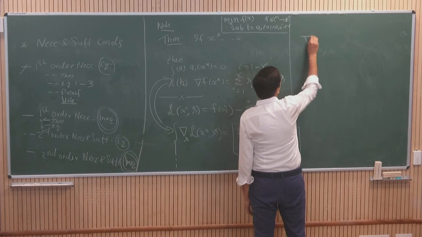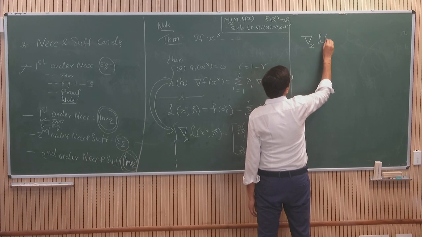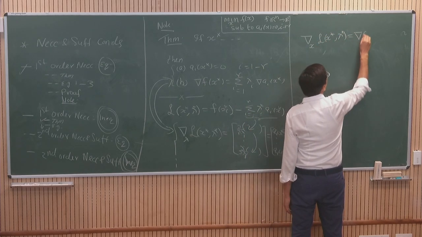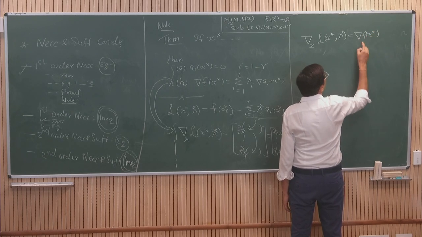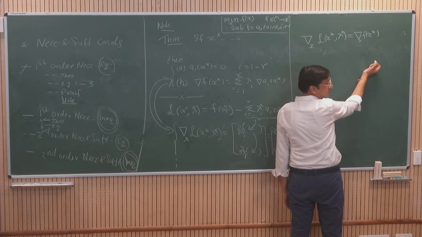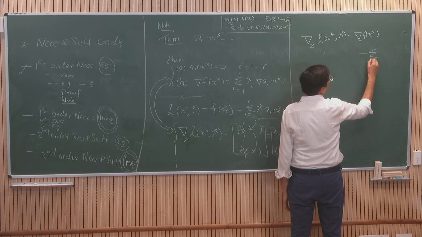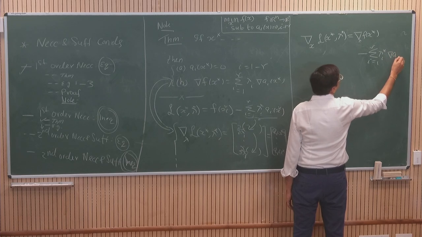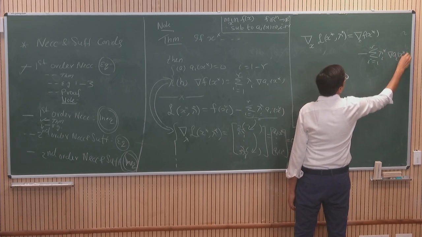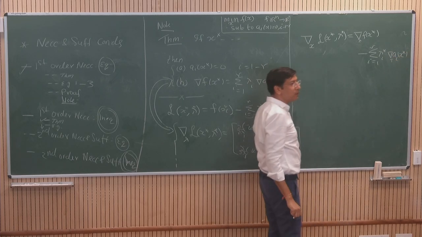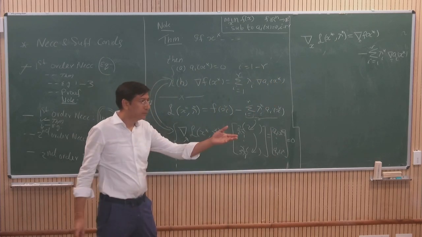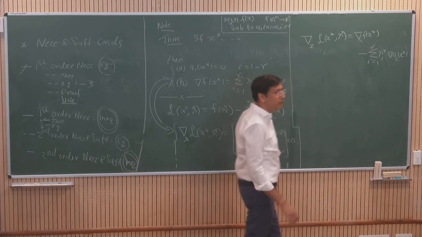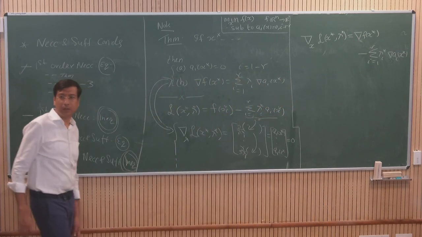So if I write the gradient of the Lagrangian with respect to x, do I have to write an x here as the subscript for the gradient? Why? Yes, Sanjana, because there's only x here. The only variable is x, so you don't have to be explicit about it.